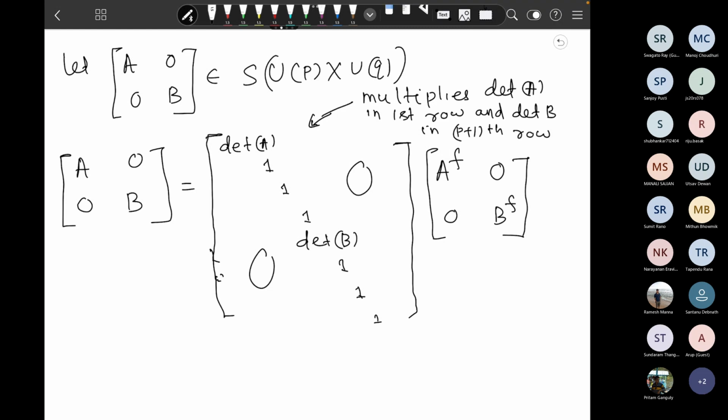I have shown that if you multiply determinant of A into the first row of A', you will get A, and if you multiply determinant of B into the (p+1)th row, you will get B.